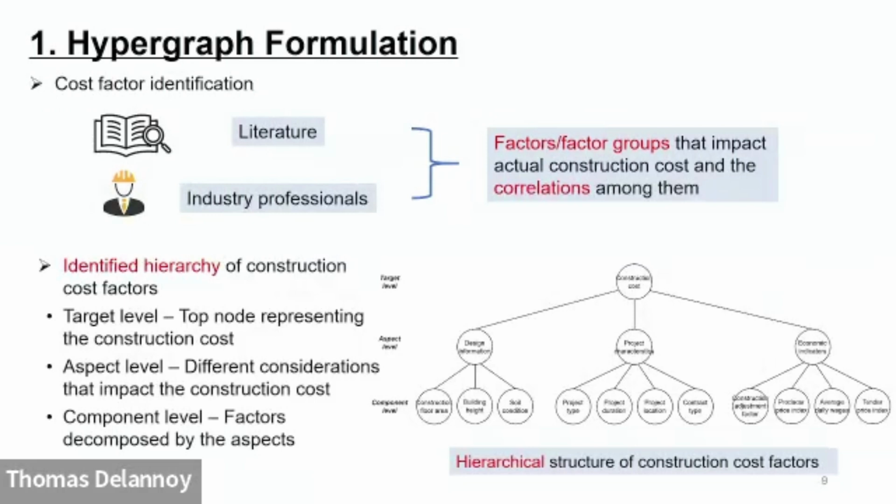In general, cost can be influenced by three major aspects, and each aspect can have certain specific factors, like design information can include the construction floor area, the building height, and soil condition, etc. Besides this vertical hierarchy, there are also interrelationships in the same layer horizontally, like the project characteristics and the economic indicators may have mutual impact on the design information. And for the specific factors, for example, the project type can have an impact on the contract type.